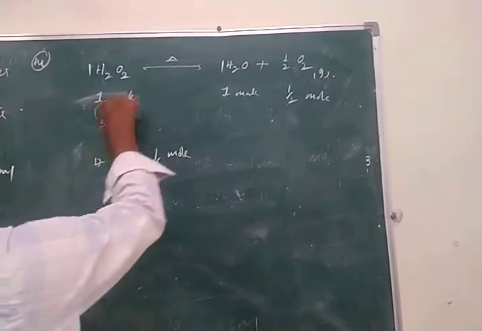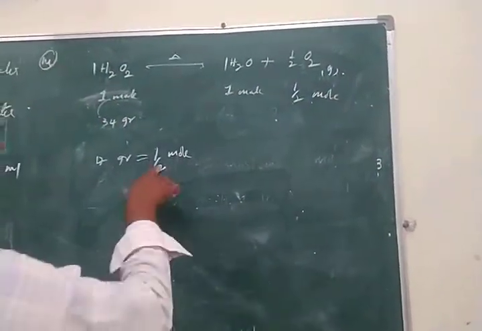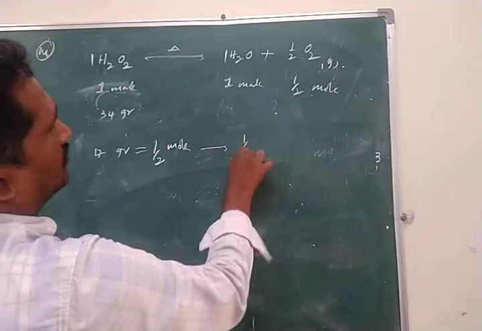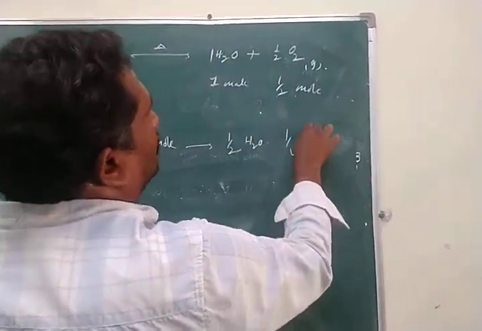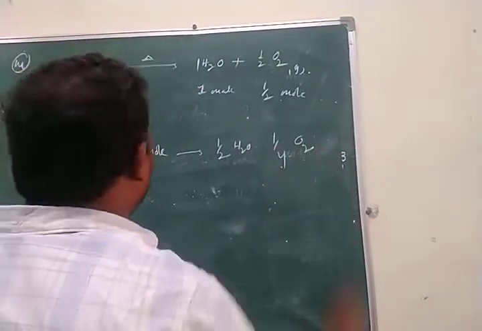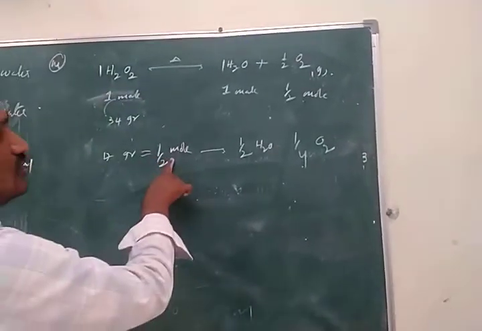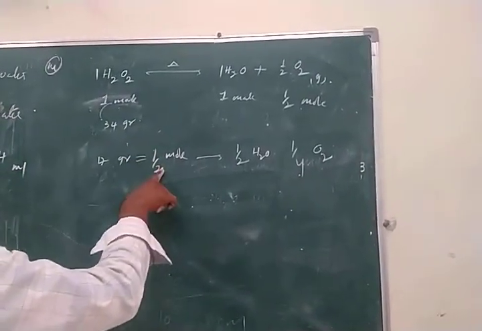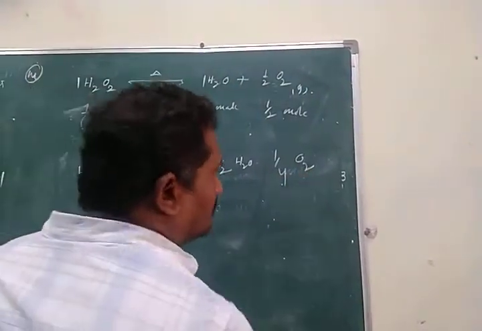So 1 mole of H2O2 gives half mole of O2; then half mole of H2O2 gives half mole of H2O and 1 by 4 mole of O2. So 17 grams of H2O2 means half mole, which on decomposition gives 1 by 4 mole of O2.